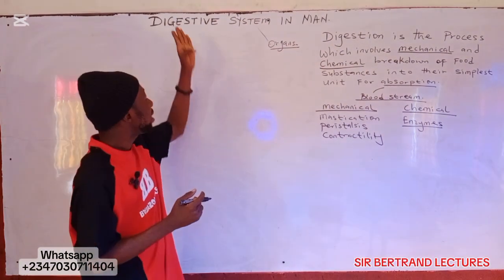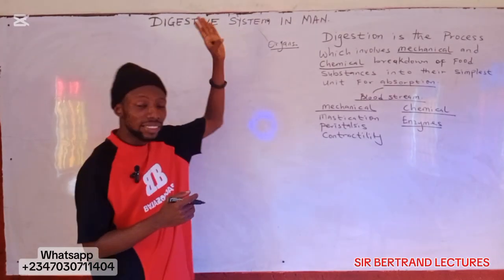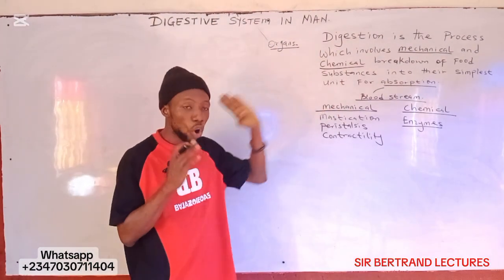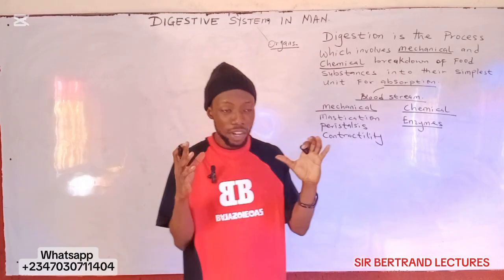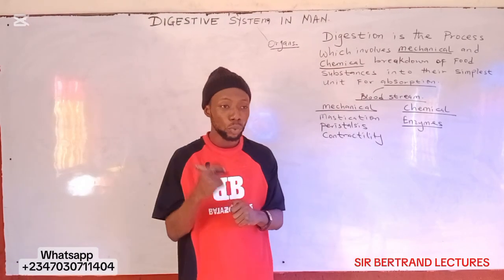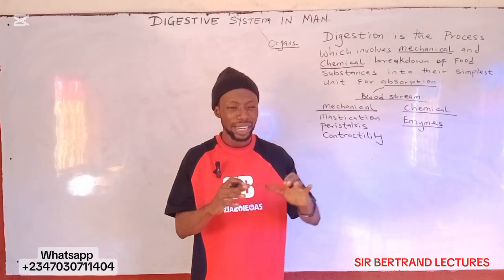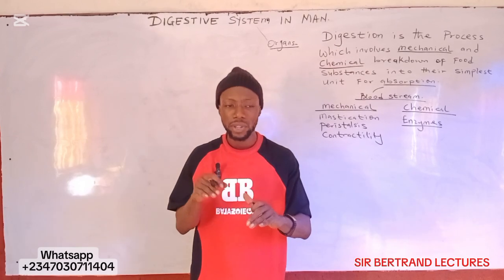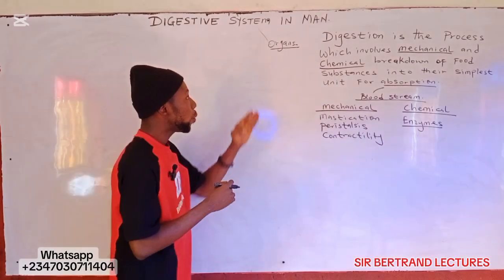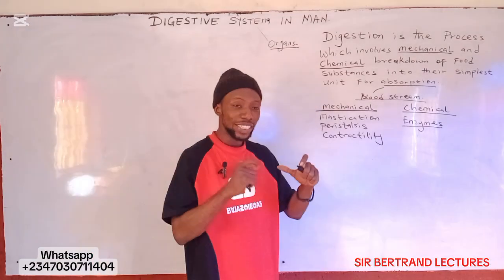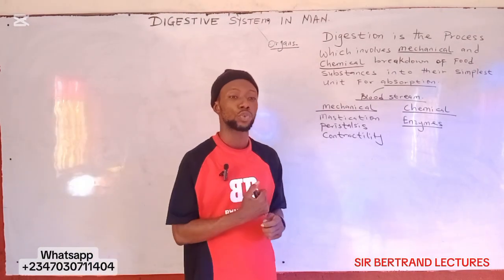You can say that the digestive system is the group of organs that work together for effective breaking down of the food substances into their simplest unit for effective absorption of nutrients. When the food is broken down, it will be absorbed into the bloodstream.